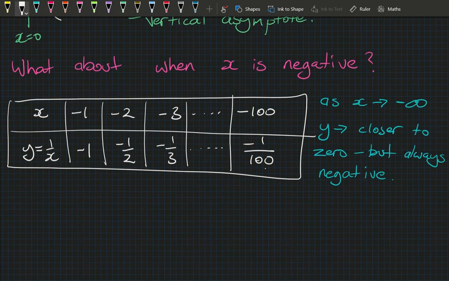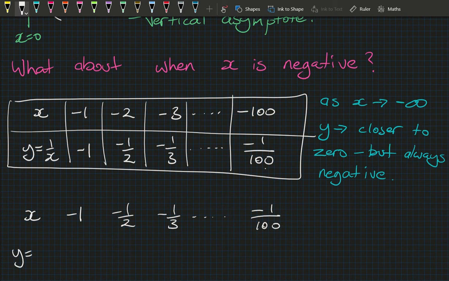Alright, let's look at the second table, counting from -1 towards 0 with smaller and smaller steps. Now for the associated y values, well, 1 divided by -1 is done in the table above. And because 1 divided by 1/2 is 2, then 1 divided by -1/2 is -2, and 1 divided by -1/3 is -3.